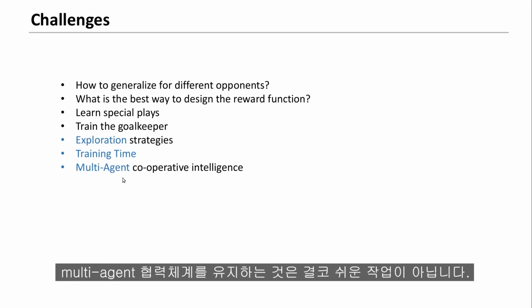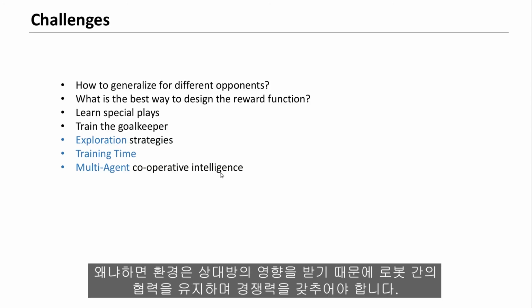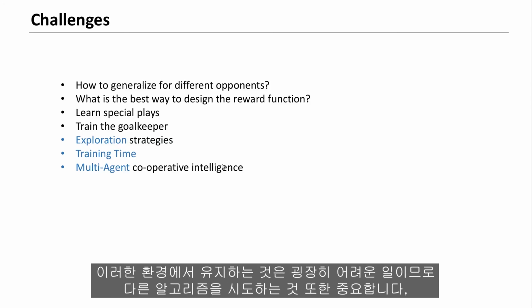And also, multi-agent cooperative intelligence is really hard. Because the environment is affected by your opponent, you should get cooperation between robots and also be competitive. So it's really hard for them to learn cooperation in this kind of environment.